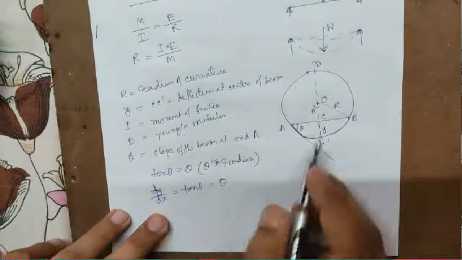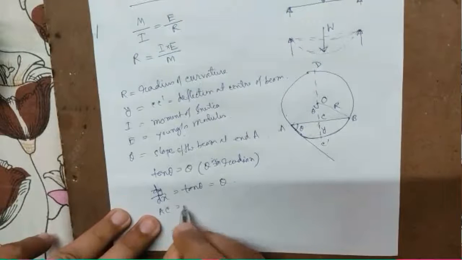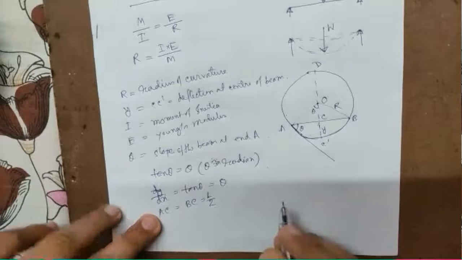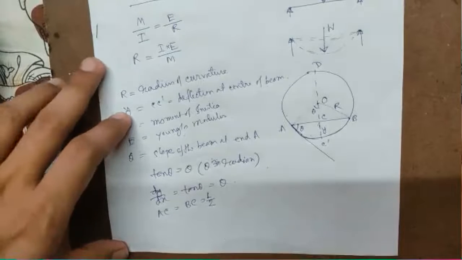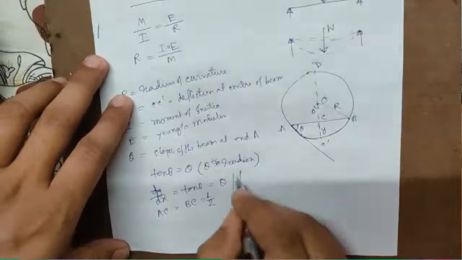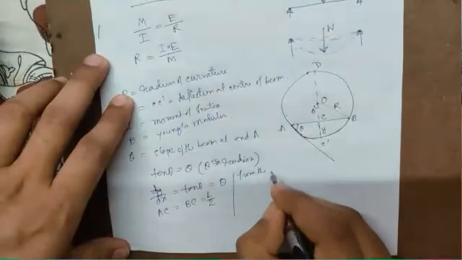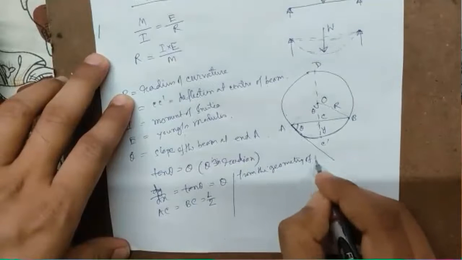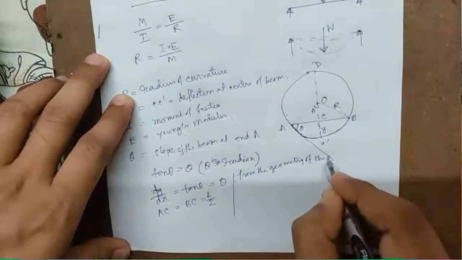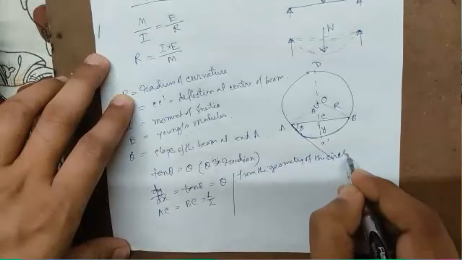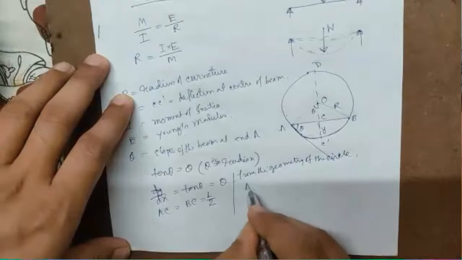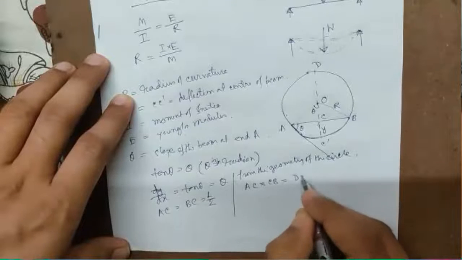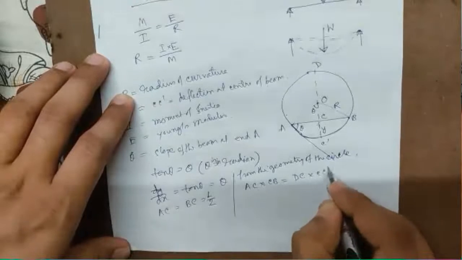Now again, from here we can write AC is equal to BC is equal to L by 2. Now from the geometry of the circle, we can write AC into CB is equal to DC into CC dash.